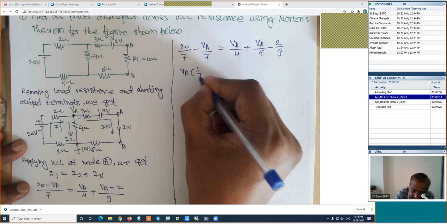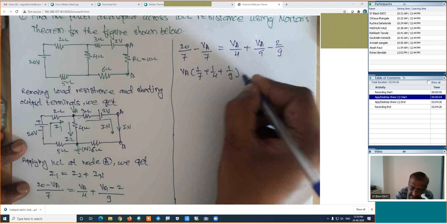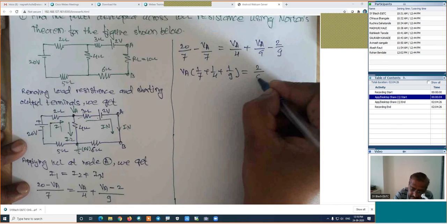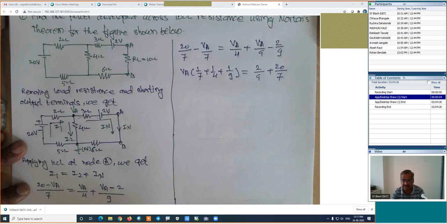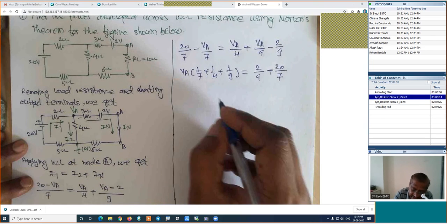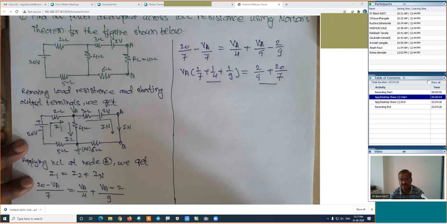Then it is 1 by 7 plus 1 by 4 plus 1 by 9. This value is equal to, I will shift this constant to the left hand side, 2 by 9 plus 20 divided by 7. Work out this calculation and find out the value of VA. Otherwise, the value of this bracket and this value. I am expecting the answers from your side.